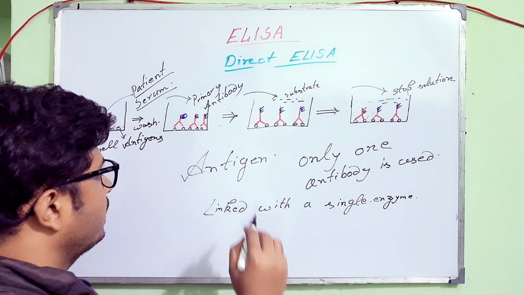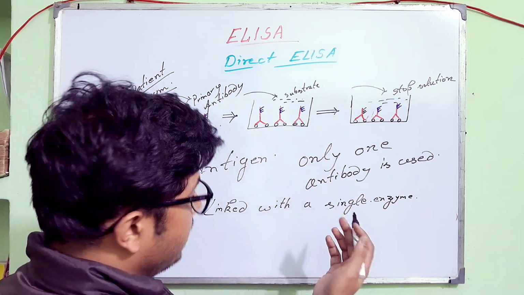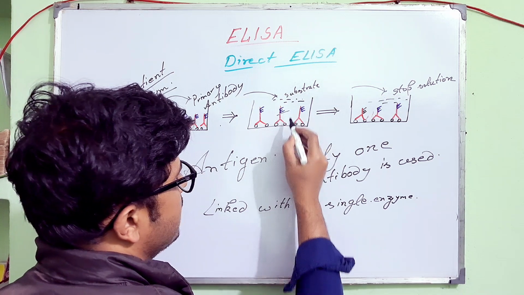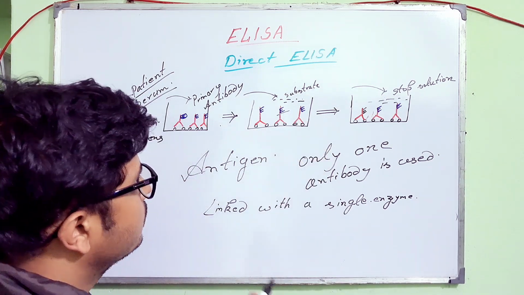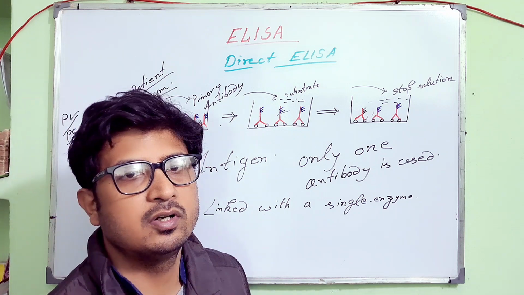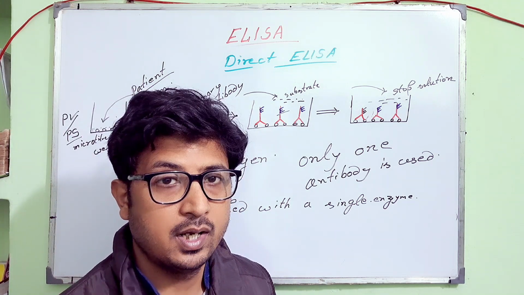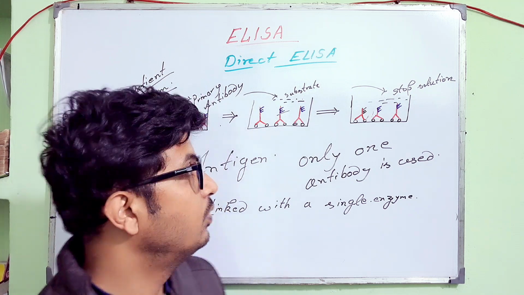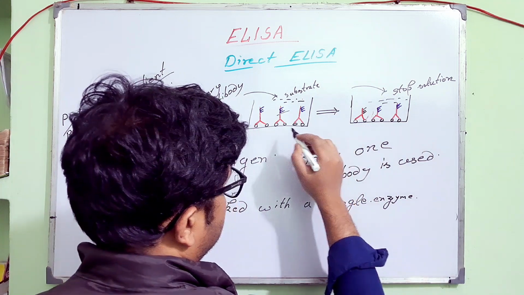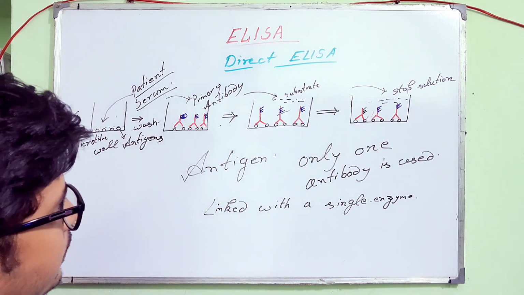Okay. Now after a few minutes, you have to add the substrate. Which substrate? That which is specific for this enzyme. Okay. Now this enzyme and substrate, what will the enzyme do? The enzyme will convert the substrate into some kind of product which will itself act as a chromogen. Okay. So that chromogen will give you the color. That is the formation of the product.